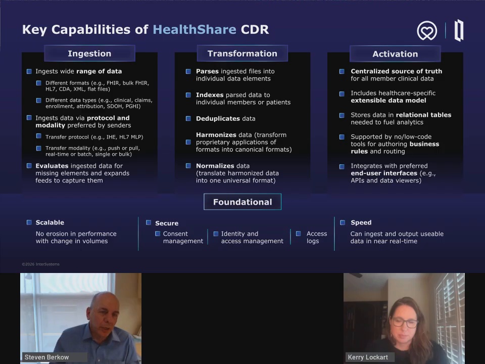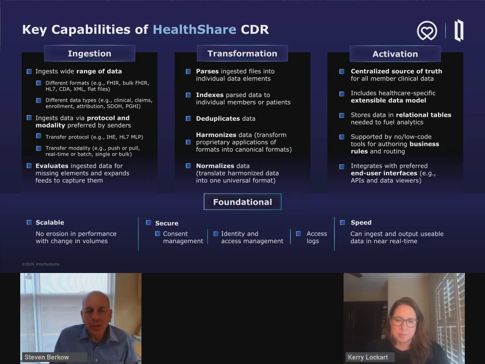So number one, under ingestion, I think you have to be sure that your CDR isn't just able to ingest the information in different formats and via different protocols, but there is some evaluation up front of what is being ingested, because you don't want to have a situation where you get to the end of everything and you want to deploy this stuff and you're missing a couple of key pieces of information that are critical to making everything else make sense.